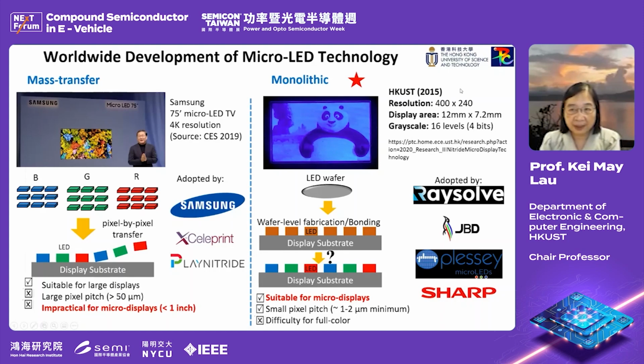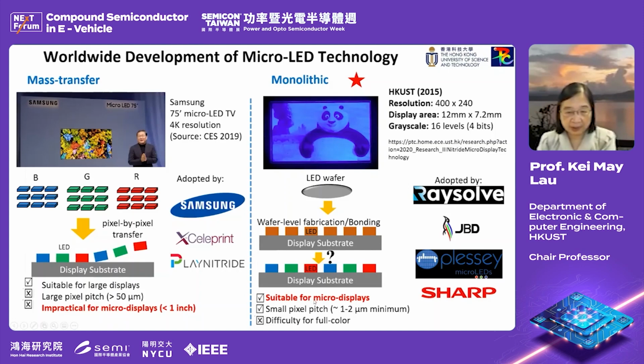This is a 400 by 240 micro LED microdisplay. It's all monolithic, and we made it about 7-8 years ago. We used a single nitride chip and did all the fabrication, and after the fabrication, you do the bonding.